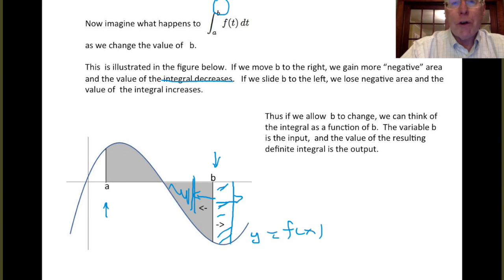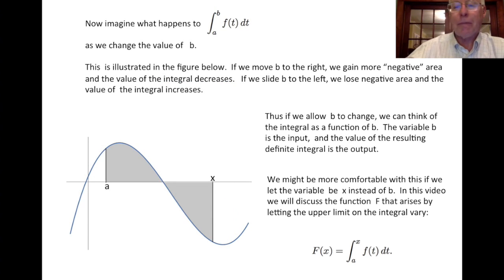So we're going to start thinking of the integral as a function of this number b. The input is the variable b, which we're allowed to change, and the output is the value of the resulting definite integral. Of course, that output will change as b changes. We might be more comfortable if we don't use b as a variable, since we're used to thinking of b as a constant, so let's change that variable name to x. In this video we're going to be studying functions of the form given below.